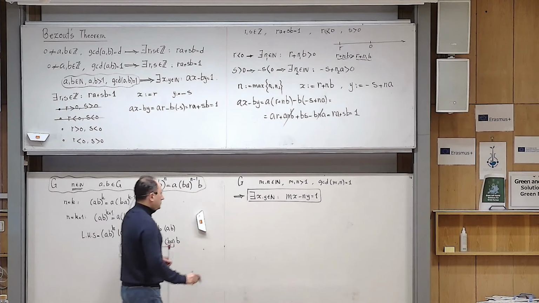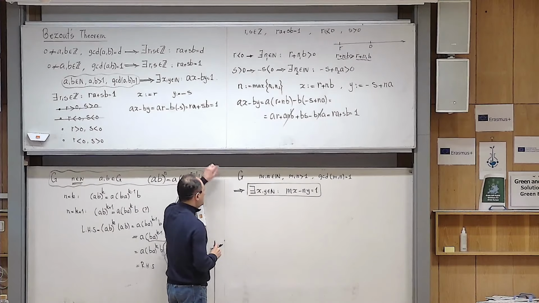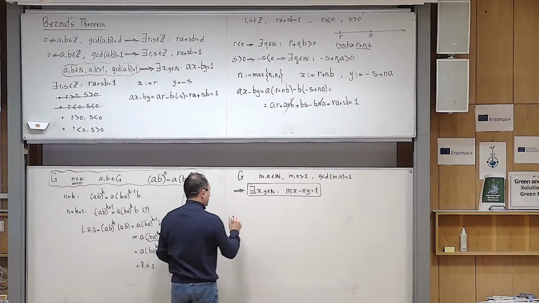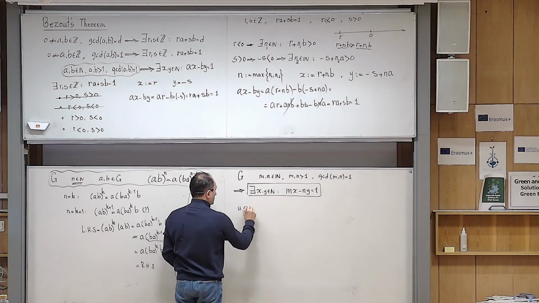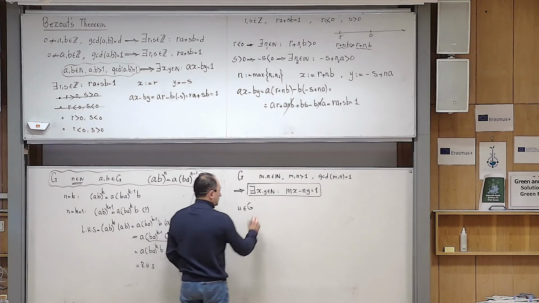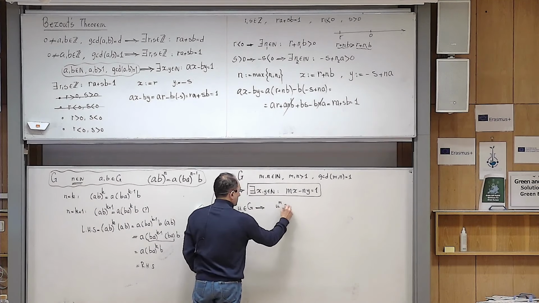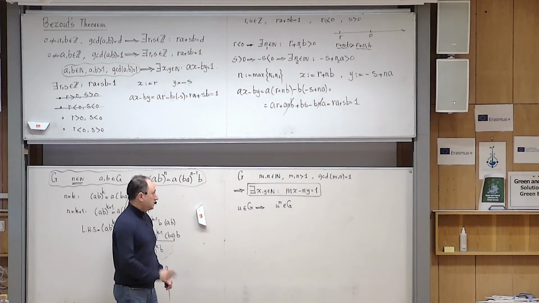Okay, and now let us consider two group elements from here. Let me say that u is a group element, and then of course this means that u to the power of m is also a group element, because the group is closed under the binary operation of the group itself.